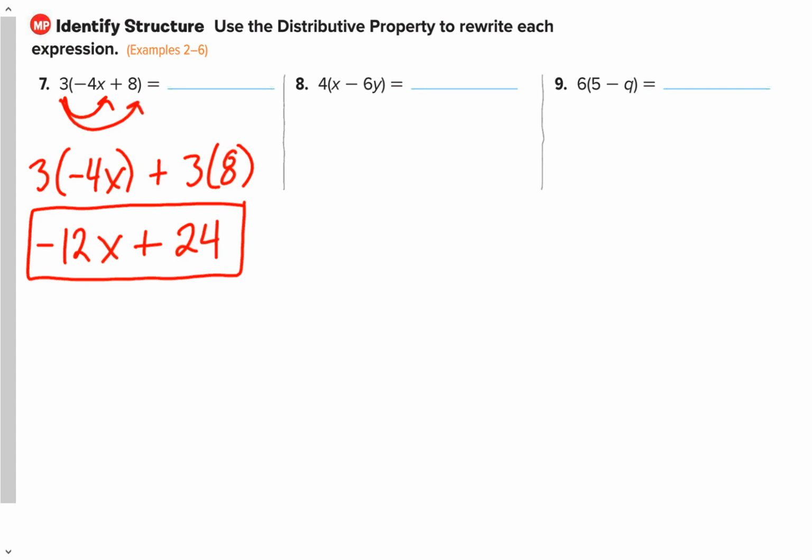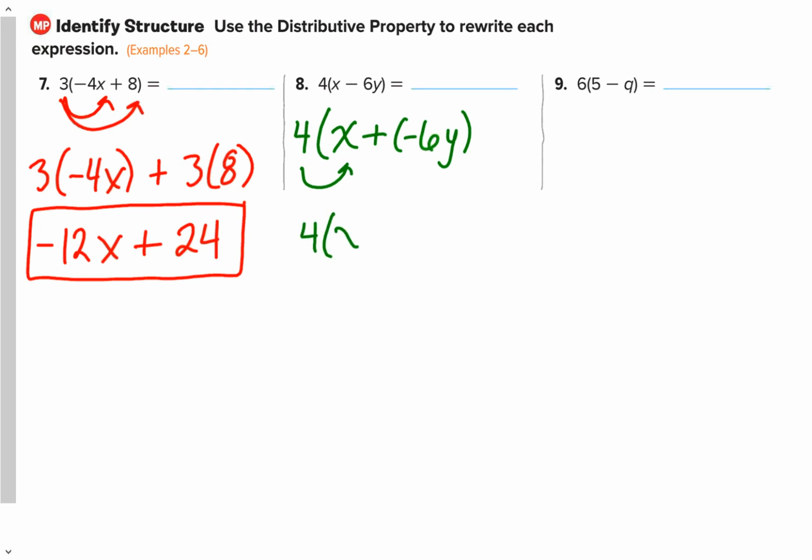Okay, let's go ahead and do the next one. Again, I like to rewrite my subtraction sentences as addition sentences, just so that I make sure I don't confuse any of the signs. So I'm going to say 6 plus negative x plus negative 6y. All right, so I'm distributing the 4.